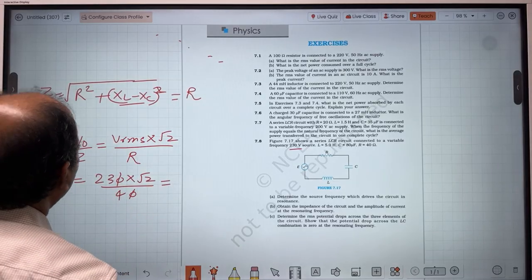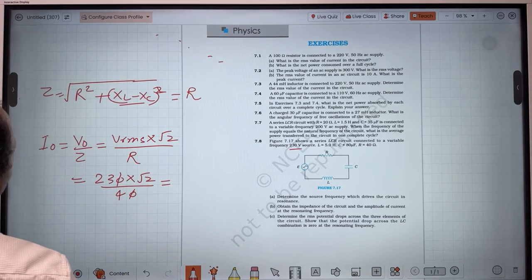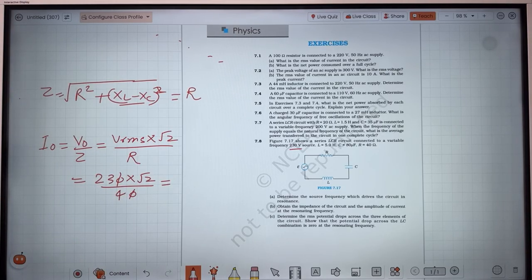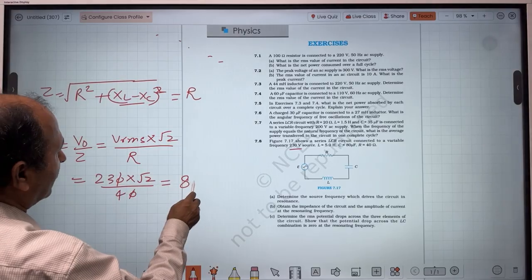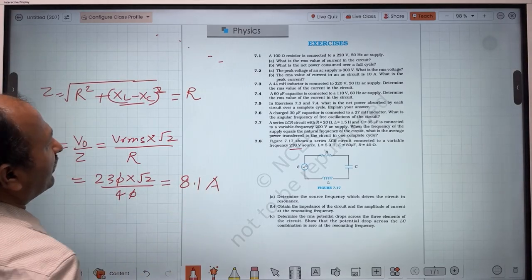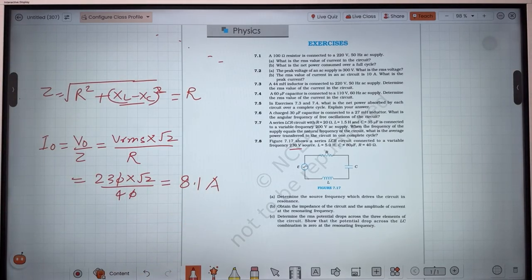Now simplify, put root 2 equal to 1.42 and find out the value. So it will become 8.1 ampere. That will be the peak value of current.